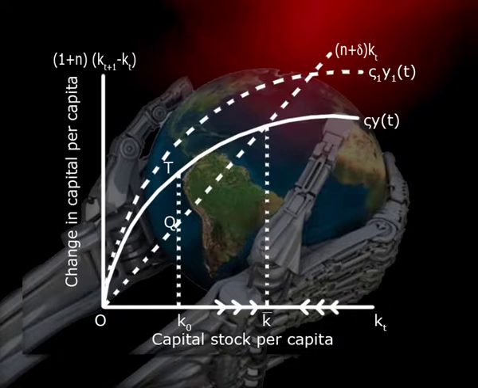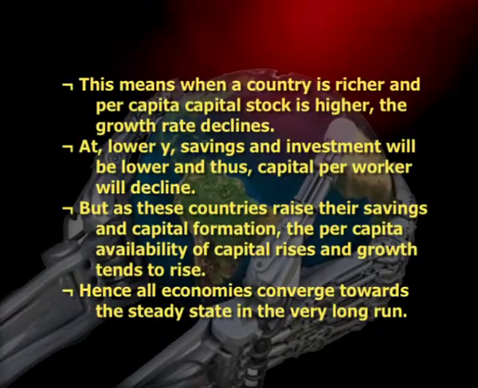In other words, at K bar, the capital per capita is equal to capital required to maintain the capital labor ratio. When capital stock per capita is too high, the marginal productivity of capital is low and hence the output generation is lesser. This means when a country is richer and per capita capital stock is higher, the growth rate declines.